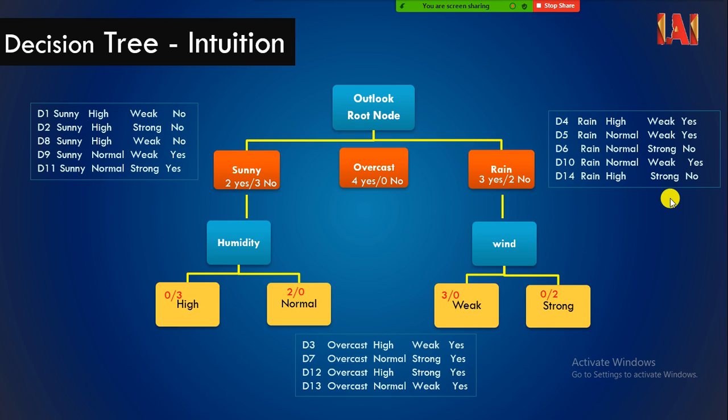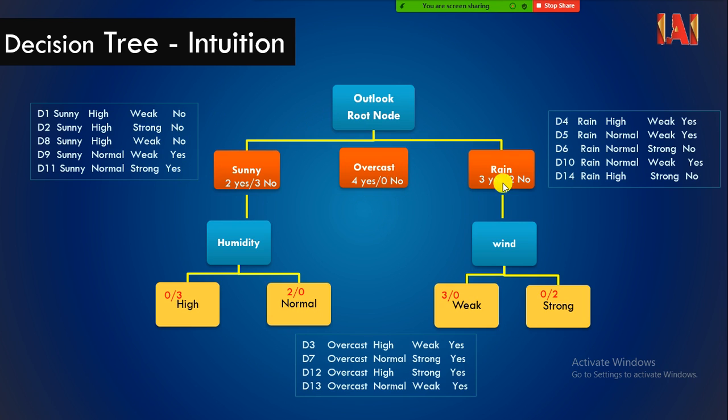Fine. The next one is, look here, this is called a pure node because here we don't have a mix of both yes and no. We have only yes, hence it is called a pure node. A pure node doesn't require further split.